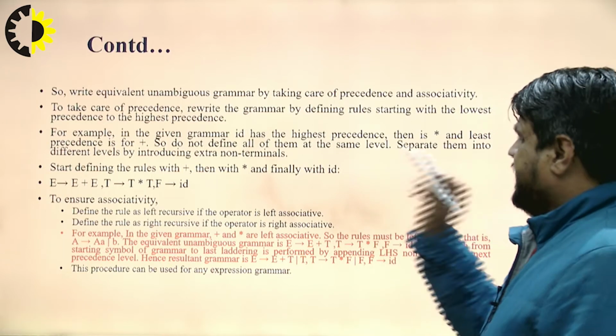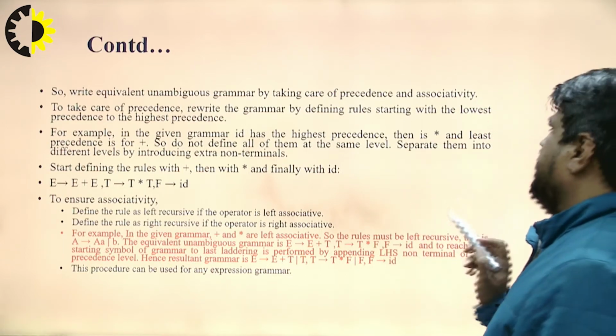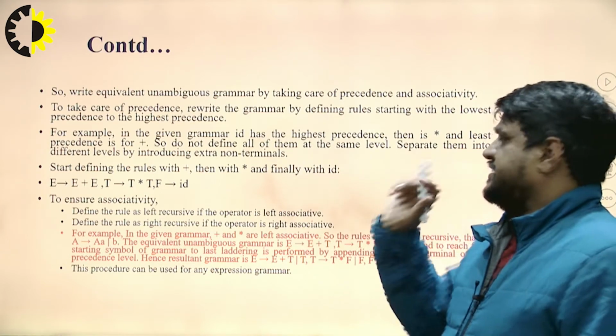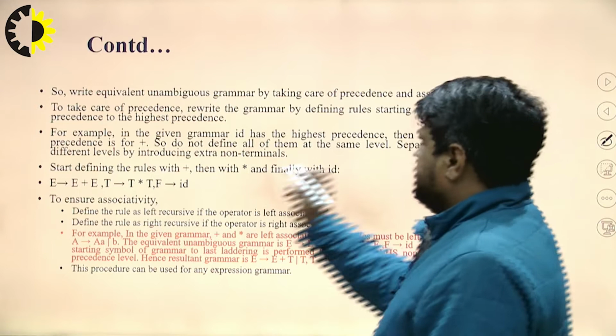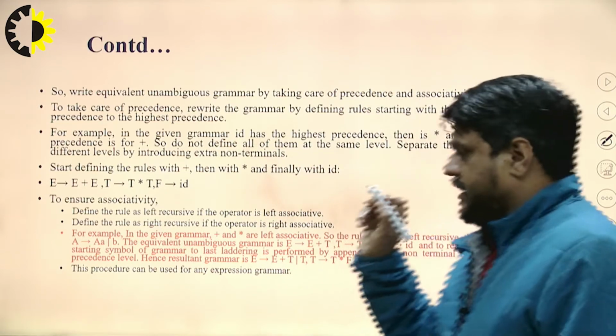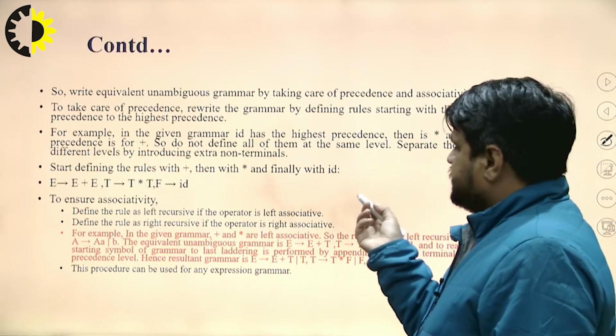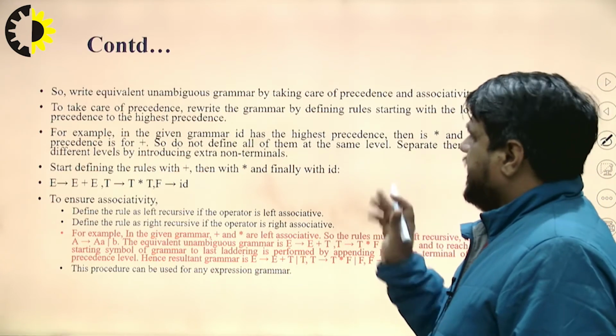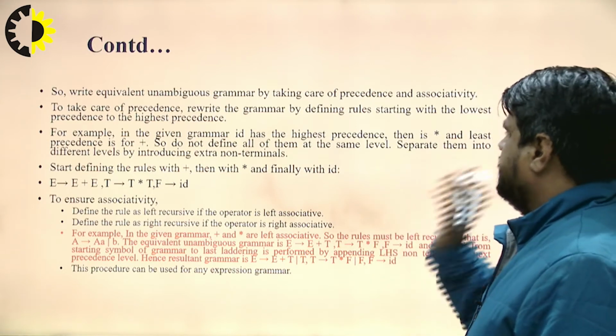To take care of the precedence, rewrite the grammar by defining the rules starting from the lowest precedence to the higher precedence. Meaning, if this particular grammar is E tends to E plus E, E multiply E, or ID, you can start from the lowest precedence symbols and redefine the grammar's rules.